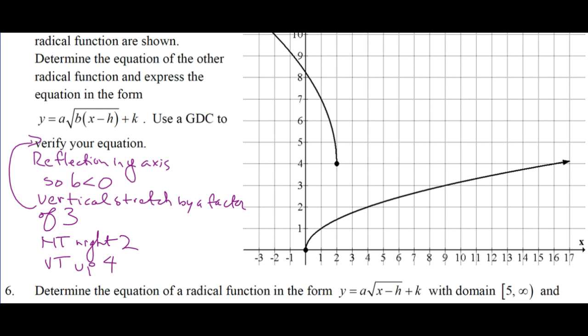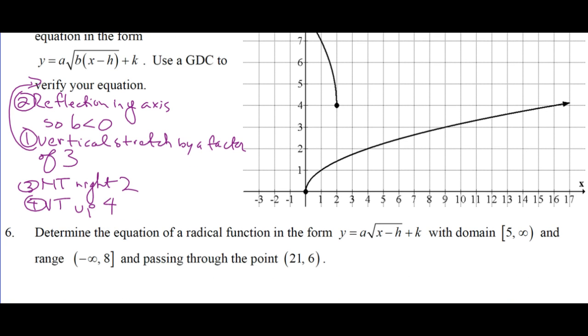But this has to go first now, right? This is number 1, this is number 2, these guys are 3 and 4. So we can start with the vertical stretch by 3.